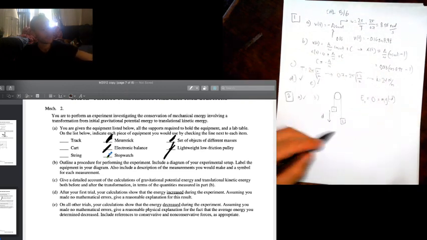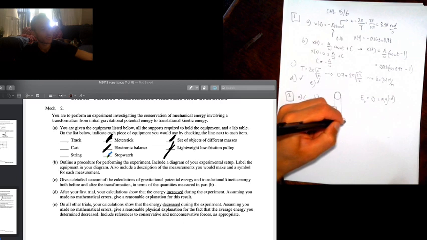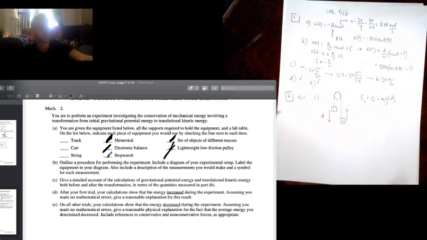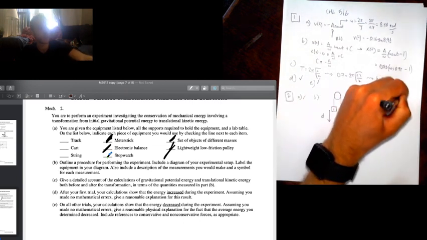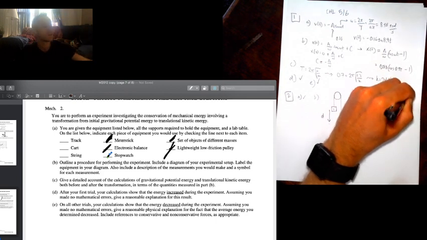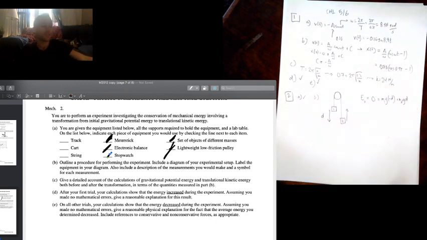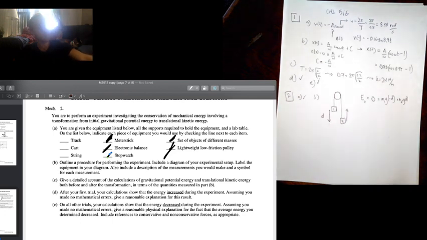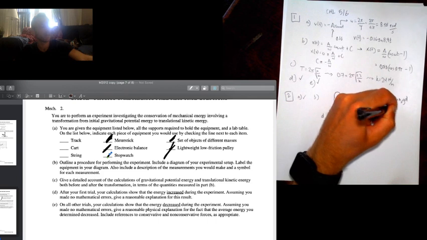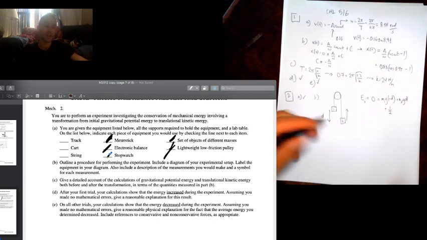And then if this one falls a distance d, then the other one rises a distance d. So we have plus m2 g d. And then the masses are connected by a rope, which means they're going to have the same speed.